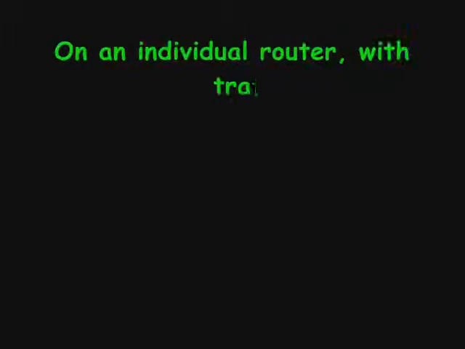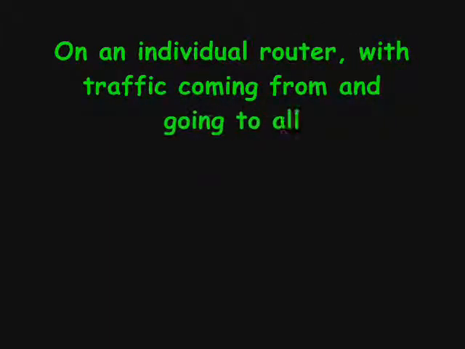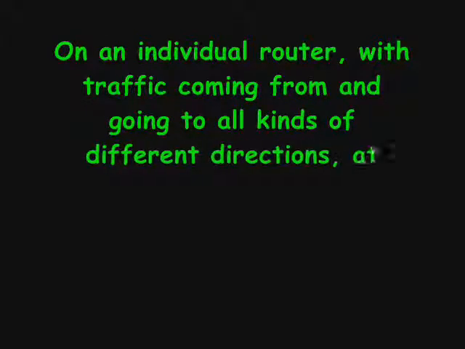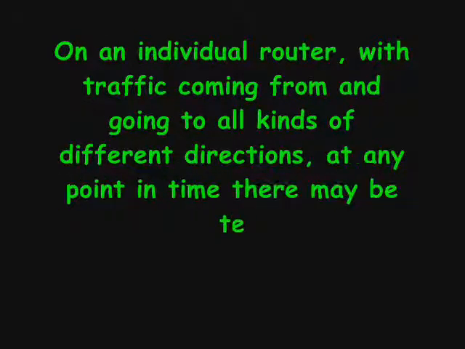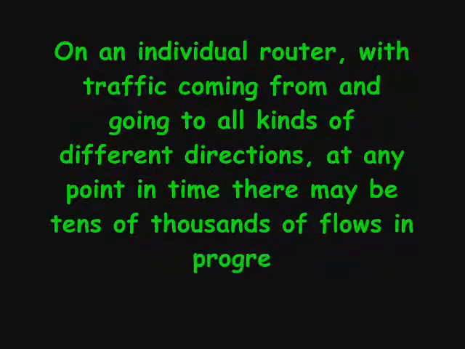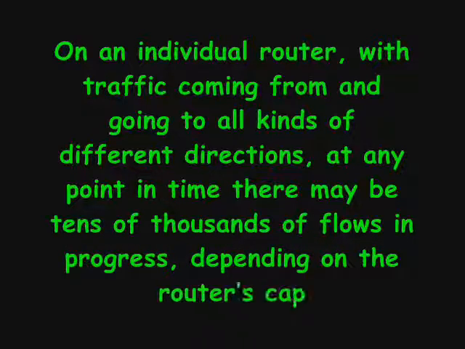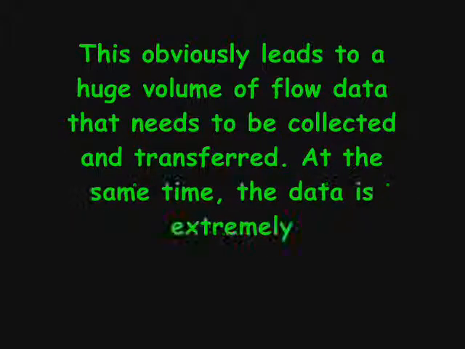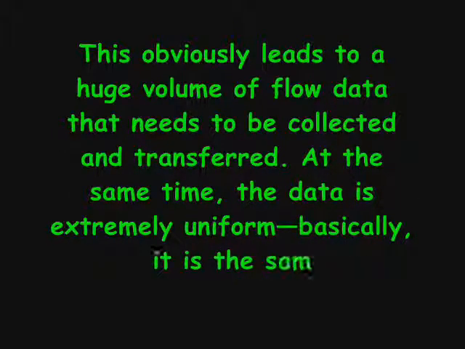The NetFlow protocol. On an individual router, with traffic coming from and going to all kinds of directions, at any point in time there may be tens of thousands of flows in progress, depending on the router's capacity. This obviously leads to a huge volume of flow data that needs to be collected and transferred. At the same time, the data is extremely uniform.